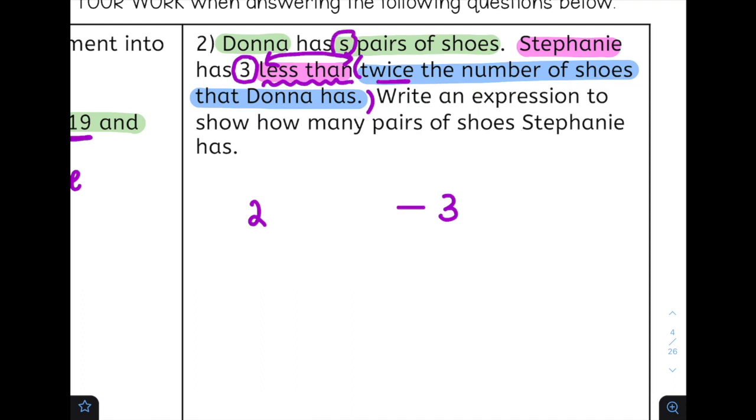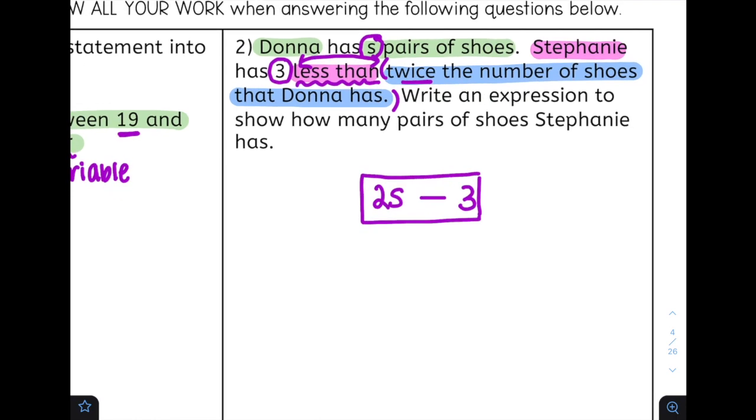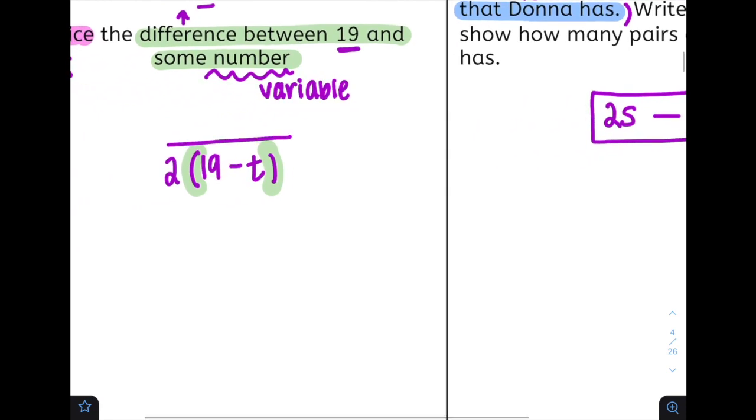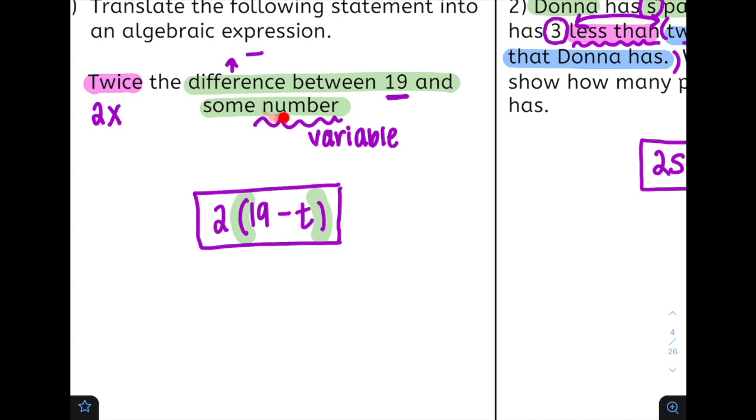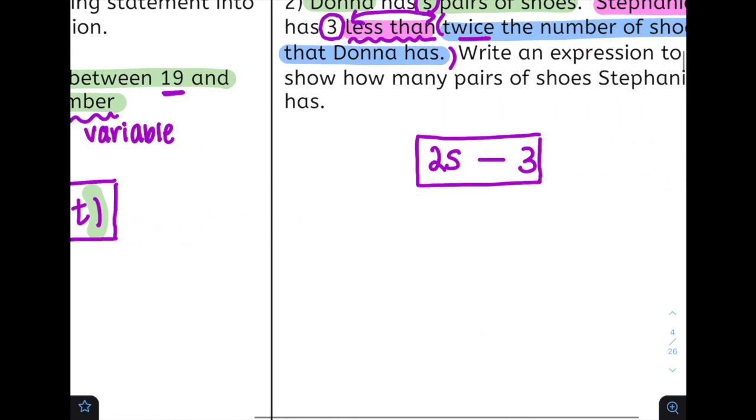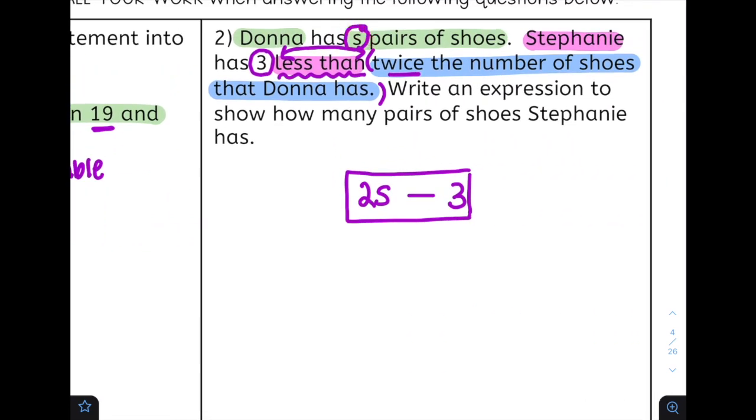So we're going to use S. So here we have 2S minus 3. 3 less than twice the number of shoes that Donna has. And this would be our answer. So for number 1, we were using a variable of our own. And then here for number 2, they give us that variable to use in our expression.